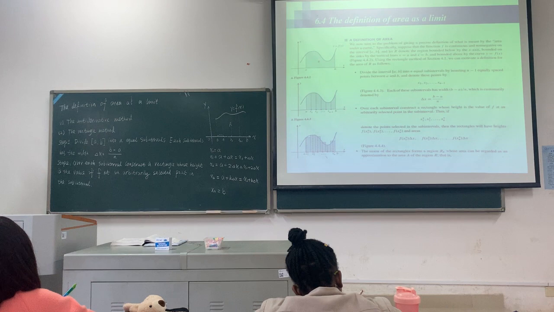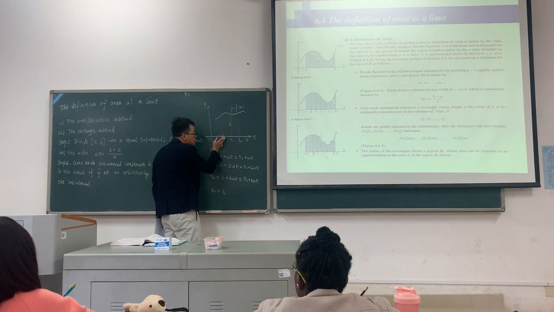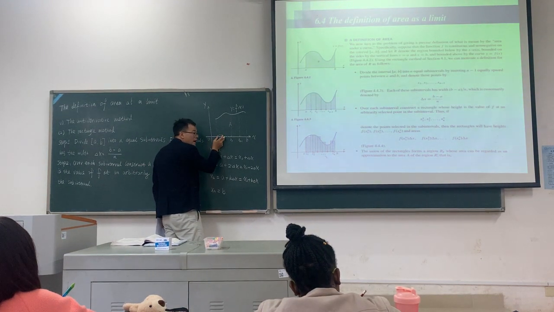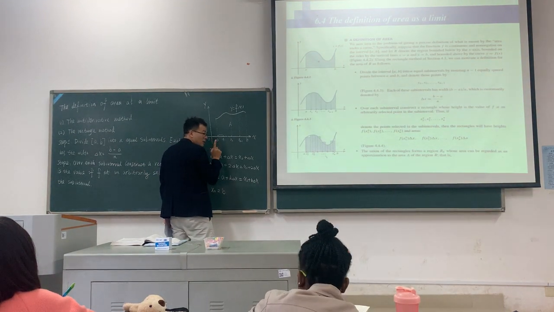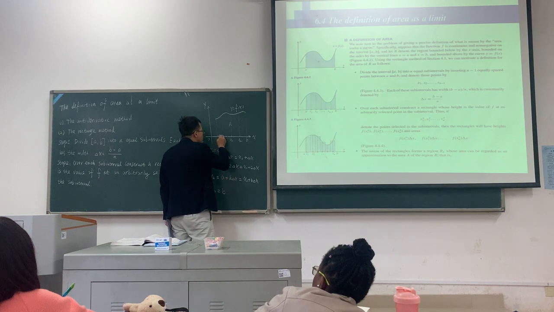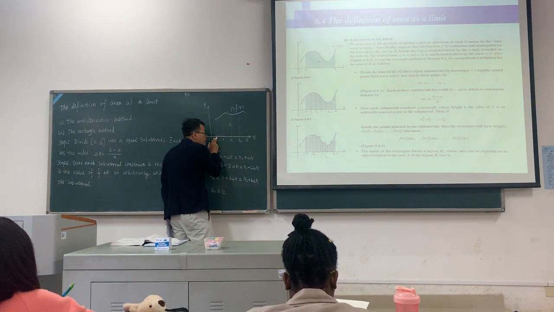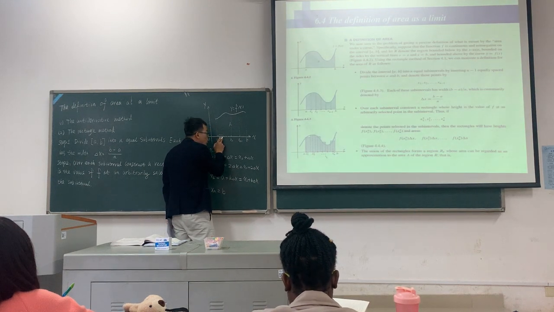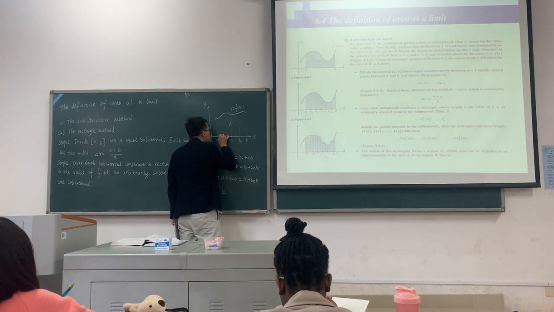So here it means that in the first subinterval, we use this as the width. So the height is which? First we choose a point in this subinterval. This point can be the left endpoint, or the right endpoint, or the midpoint, or another point. In this subinterval, we choose a point.